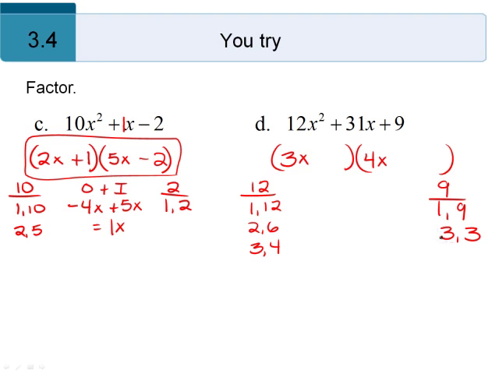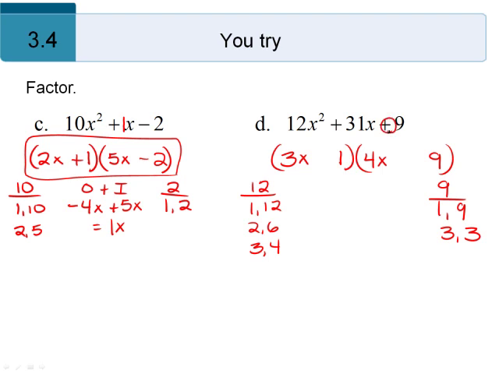So 3 and 3 are going to be out, at least with this set of numbers with the 3 and the 4. But we could use 1 and 9 because if you put the 9 with the 4x, those do not have a GCF there. That would be okay. And put the 1 in the first part. So if you just put it in the way it's listed, 1 and 9, we don't have any common factors in our parentheses.